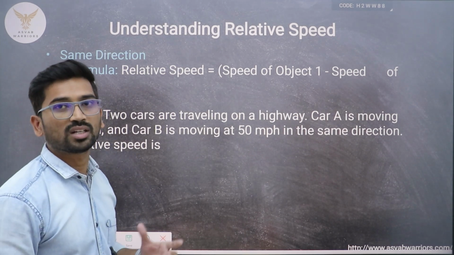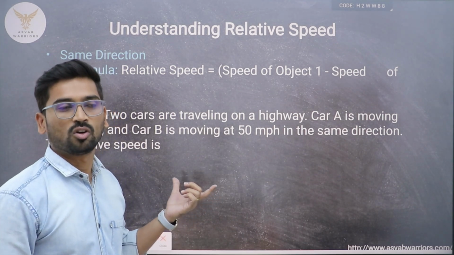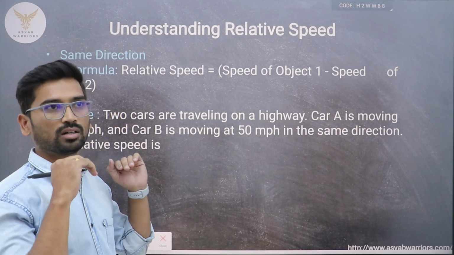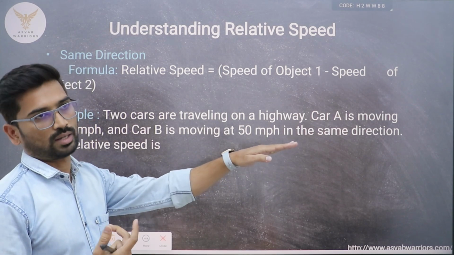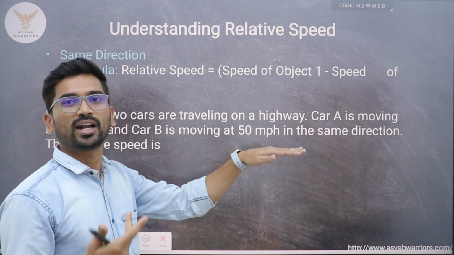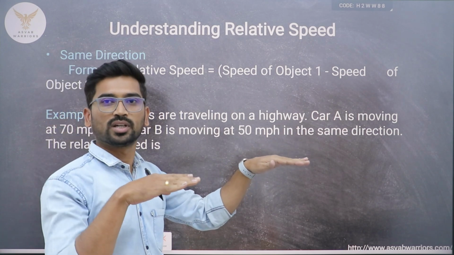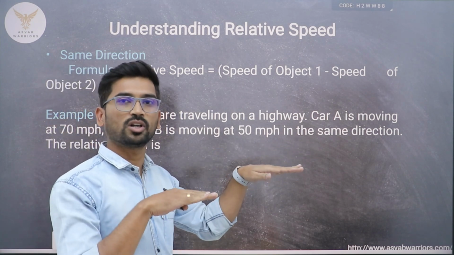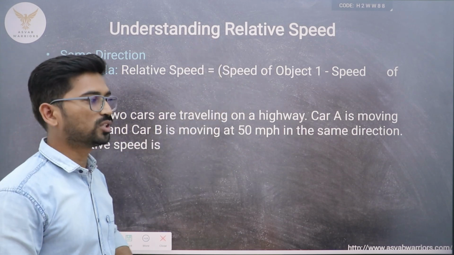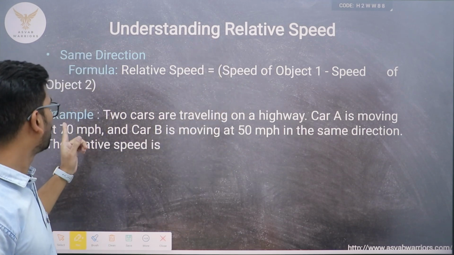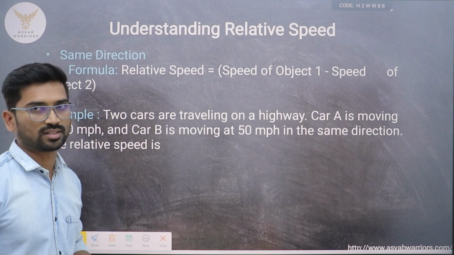We take the difference between the speeds. If two vehicles are traveling in the same direction, one might be traveling at an x speed and another at a y speed, and to calculate their relative speed, we subtract one speed from the other. We will take an example to understand this.